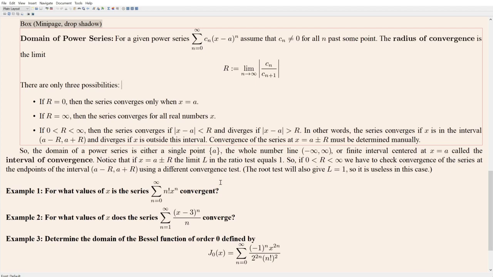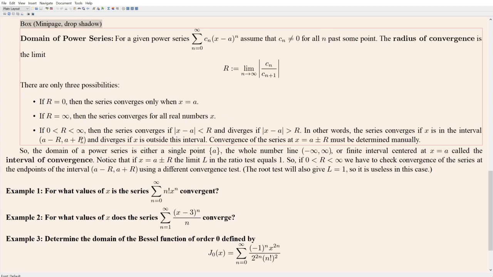But yeah, the thing to take from this is that the domain of a power series is either a single point, the whole line, or a finite interval. And you can now see why this number a is called the center point, because the interval is centered at a. Incidentally, the domain of a power series, being an interval, is called the interval of convergence.